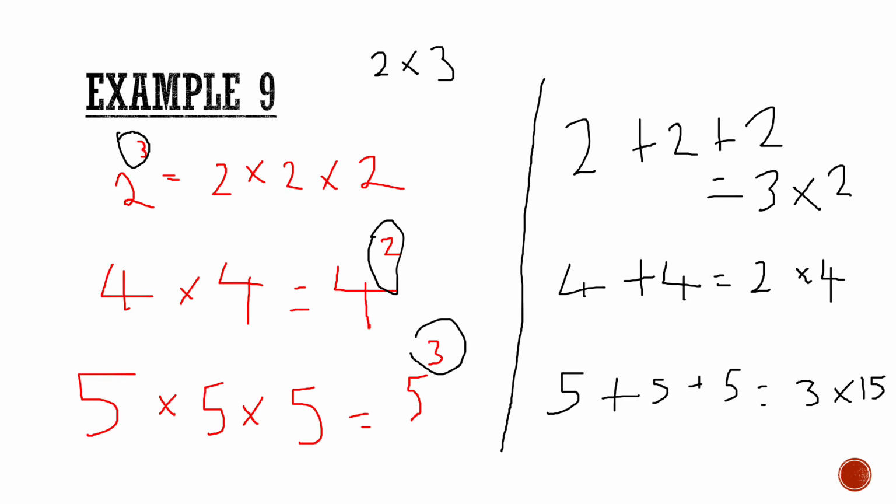When I'm timesing numbers, I have to collect the like terms. So let's say I had 2 times 2 times 2 times 3 times 3, that is 2 cubed times 3 squared. So you would combine these numbers as a power and then multiply it by the other corresponding number. Another different number is the keyword.